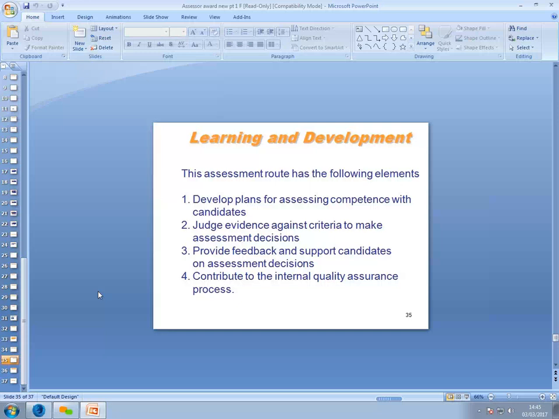Once the evidence has been collected, you make the judgment of the evidence against the criteria to make the assessment decision. Has it been completed, has it achieved the criteria, or is there still some work to do? Not a pass or fail, that's the main point. It's not a pass or fail, it's a not yet achieved.